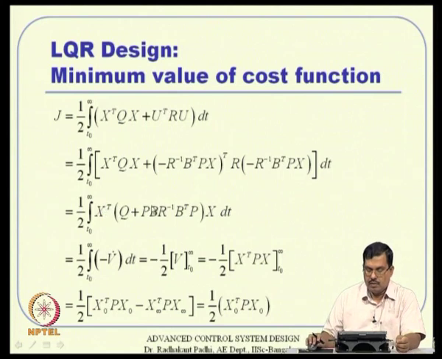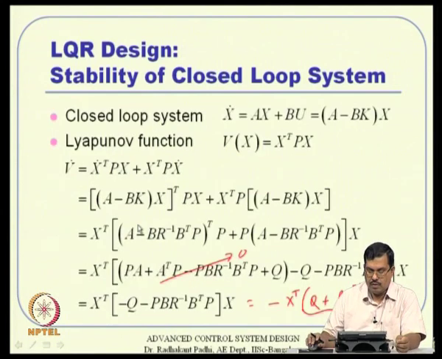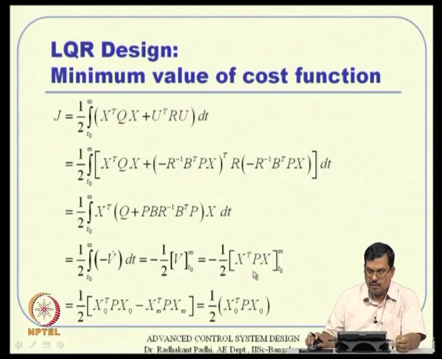Okay. So, remember, what you see inside the bracket is nothing but the negative of V dot, that is what we just saw actually. Okay. This is the negative of V dot. So, I can substitute this term as the negative of V dot. Okay. And then I can see that it is nothing but the integral of a derivative term.